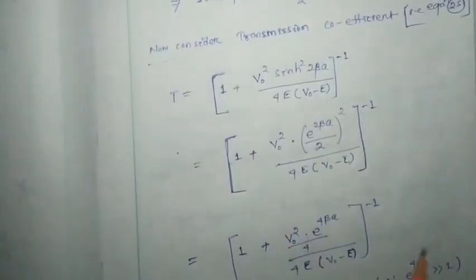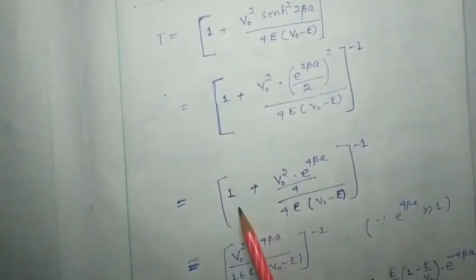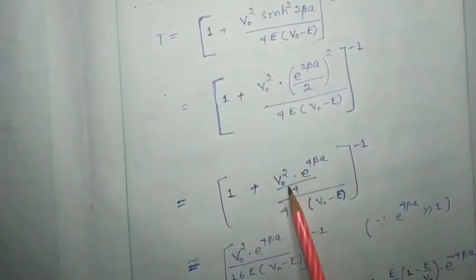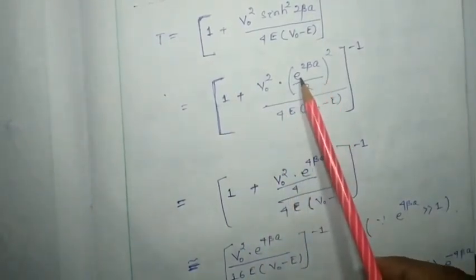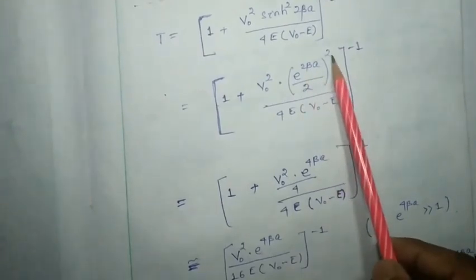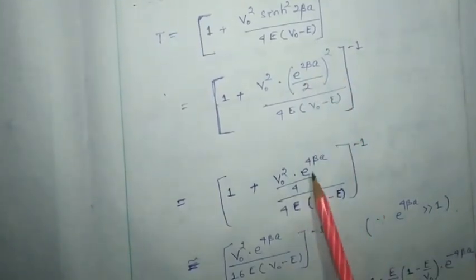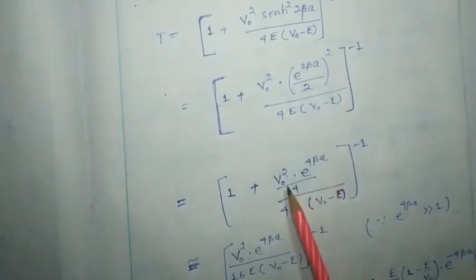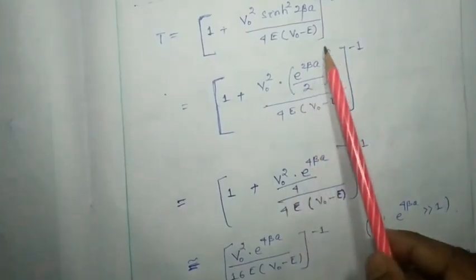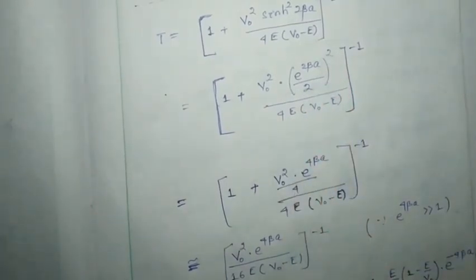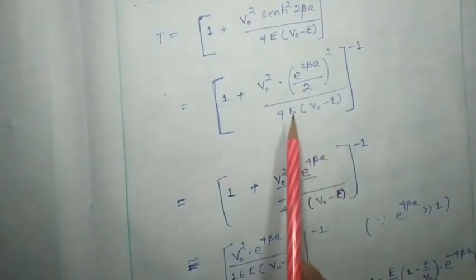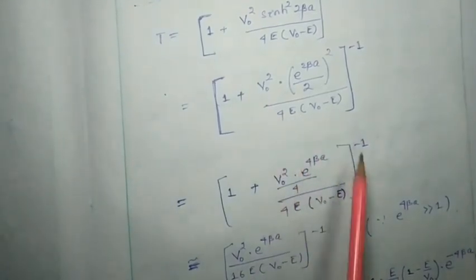Okay, so now this will be equal to 1 plus V0 squared into e to the power 2βa squared, which is e to the power 4βa divided by 2 squared, that is 4, whole divided by 4E(V0 minus E), whole inverse.